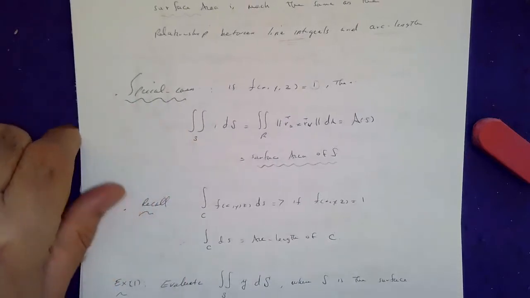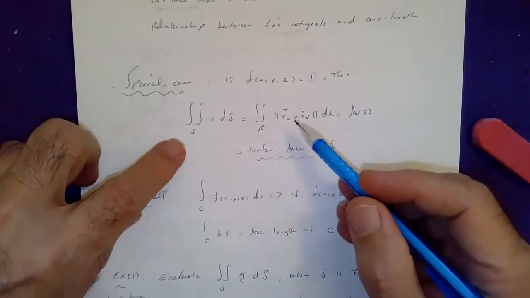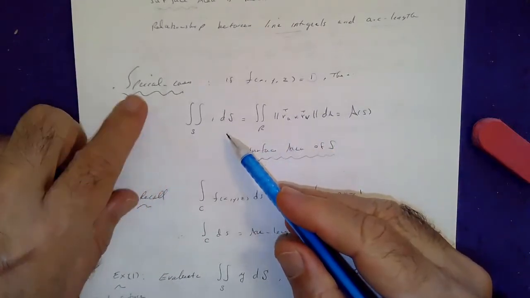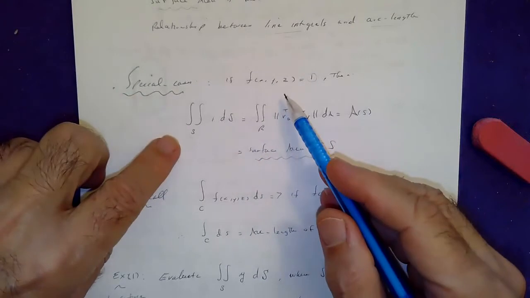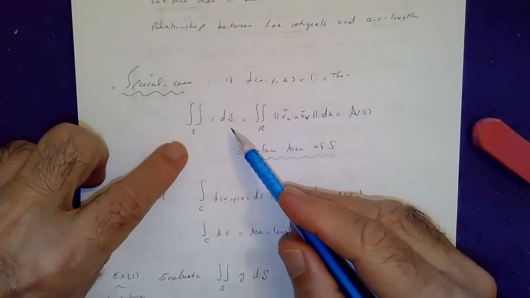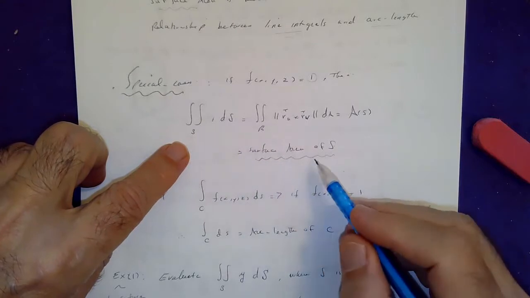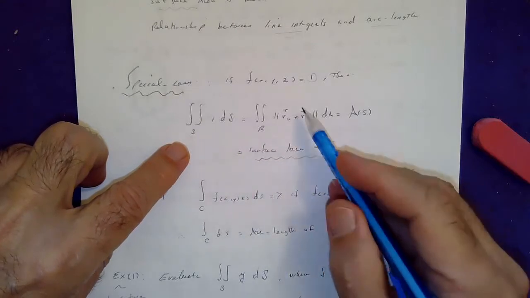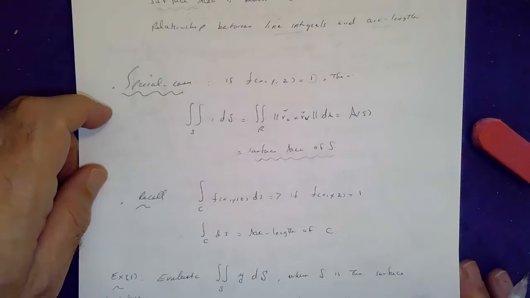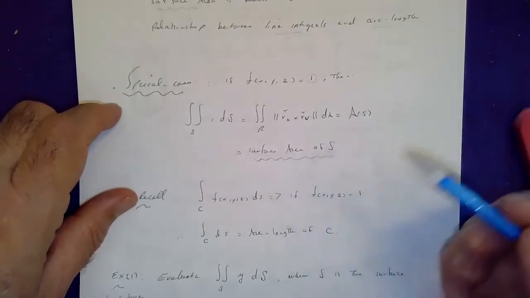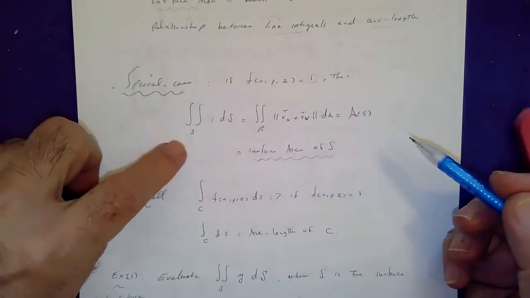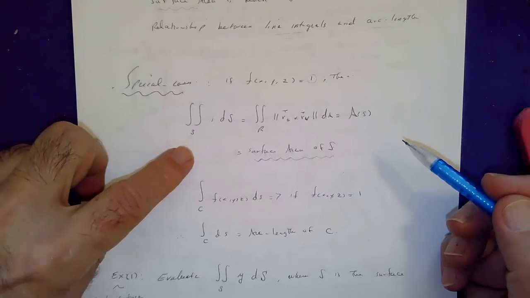In other words, the surface integral is the general case of this special case in which the integrand happens to be 1. If the integrand is 1, then what you're finding is the surface area of S. Otherwise, you are not finding the surface area. It's just a title, which means the value of the integral depends on the surface.